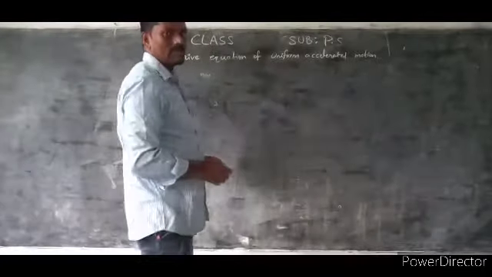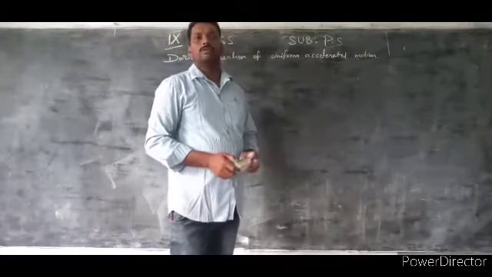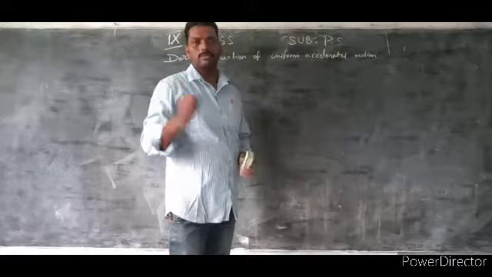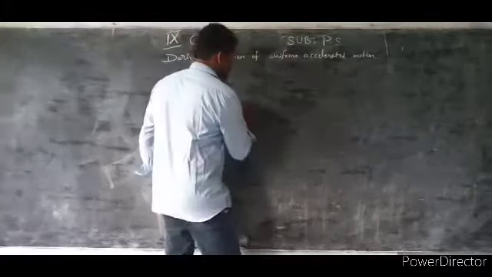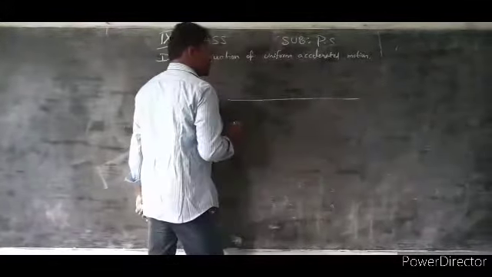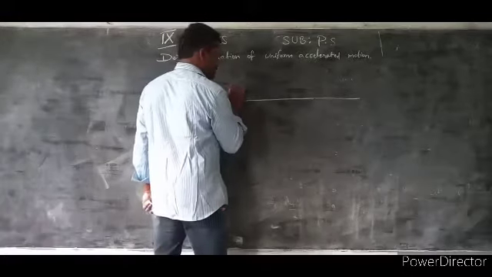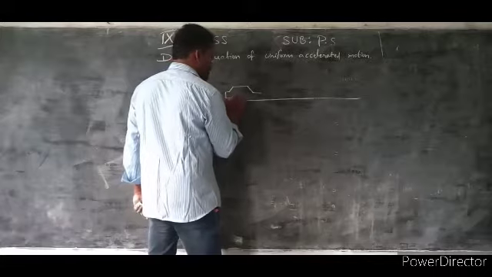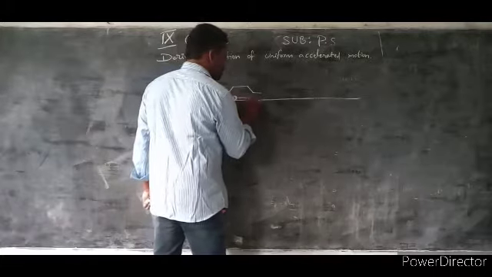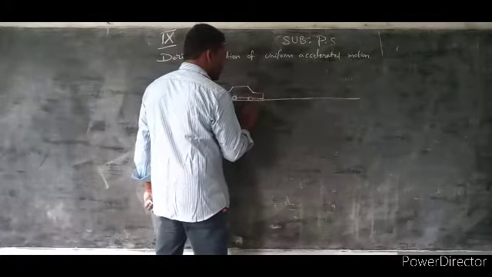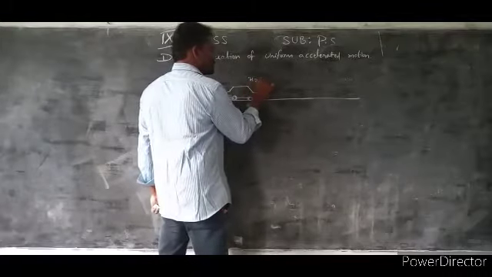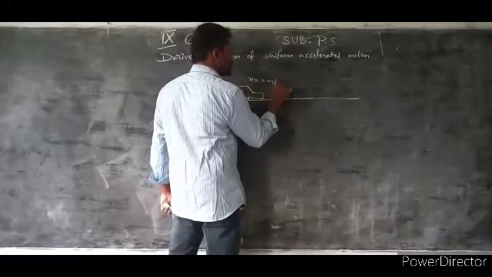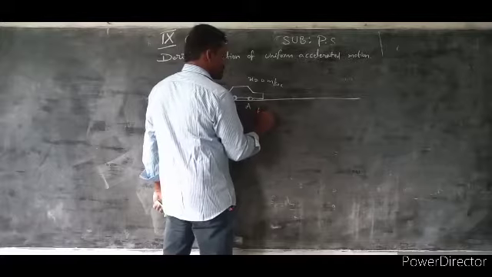A car is moving on the surface of a road, on a straight line. Suppose this is the surface of the road. The car starts at point A. At point A, the initial velocity of the car is 0 meter per second, and the time taken starts at 0 seconds.